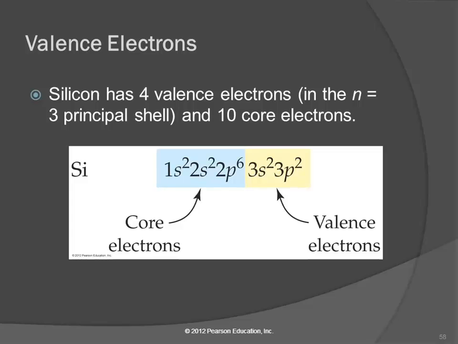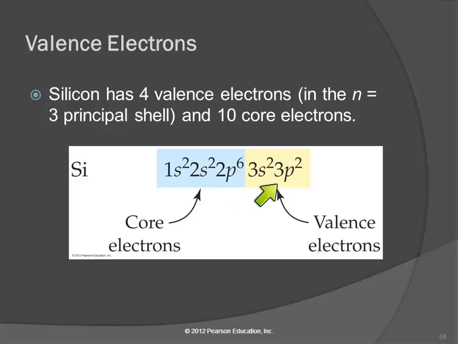So here's an example. We look at silicon, and silicon has a total of 14 electrons. Here is its electron configuration, 1s2, 2s2, 2p6, 3s2, 3p2. To figure out how many valence electrons it has, we look at the highest number here. The principal energy level, or principal shell, number 3. N equals 3 is the highest.